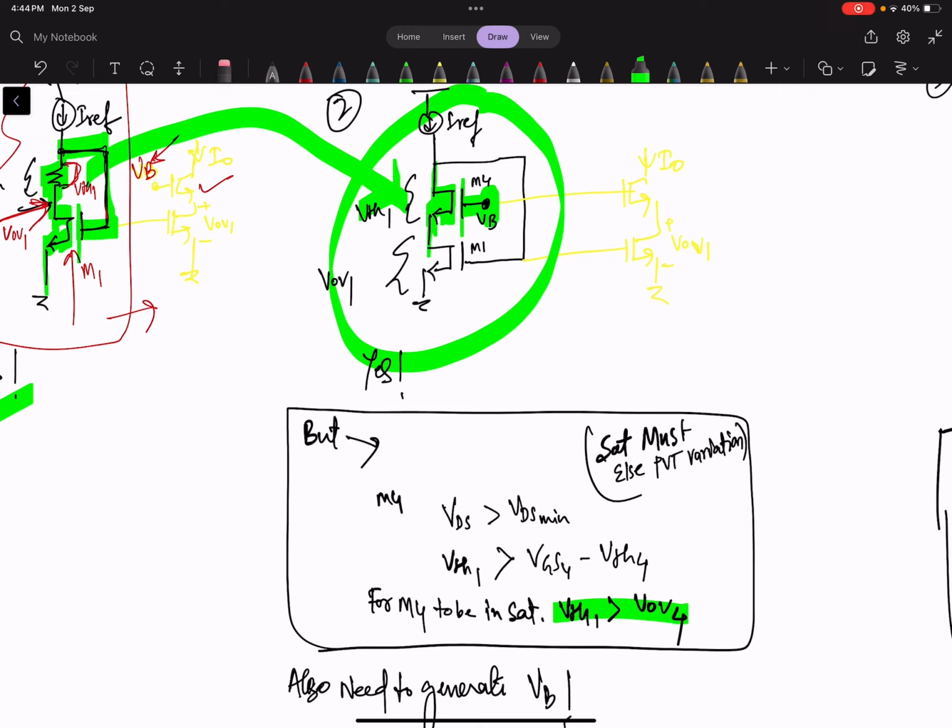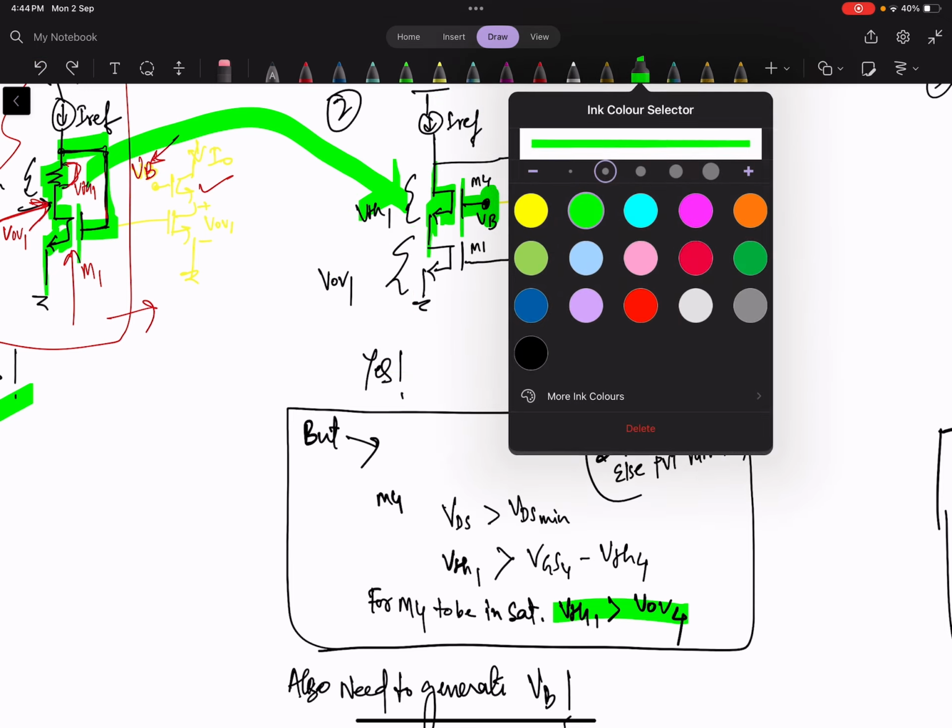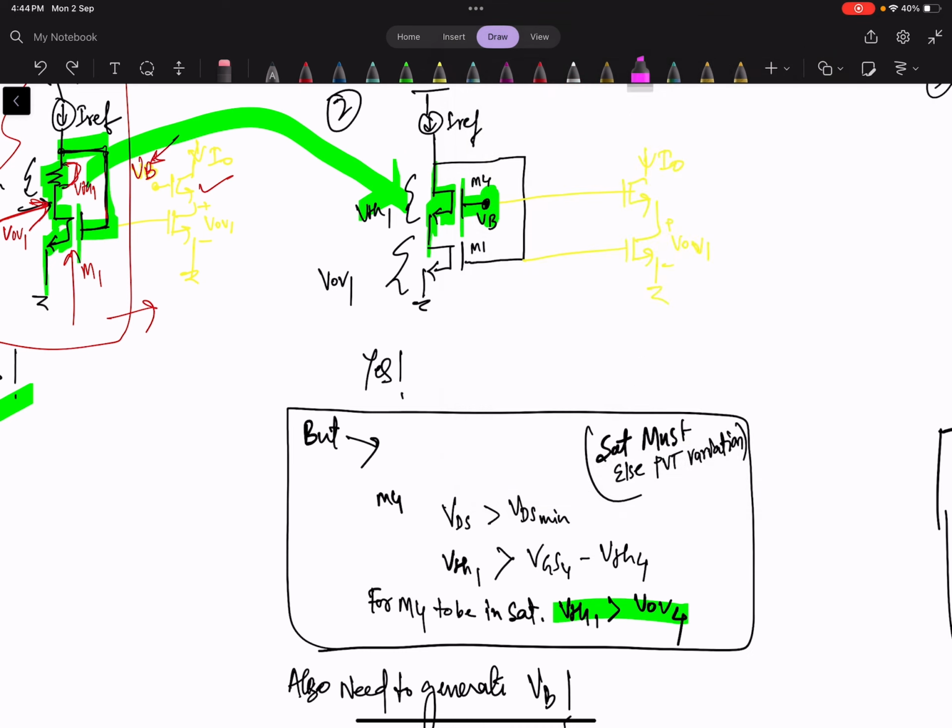Now what is the issue here? If you see, this is VOV, the overdrive voltage of 1, and this is the VTH. Then only this will become VGS of M1. So for this device to work in saturation, this VTH should be greater than the overdrive voltage of M4.